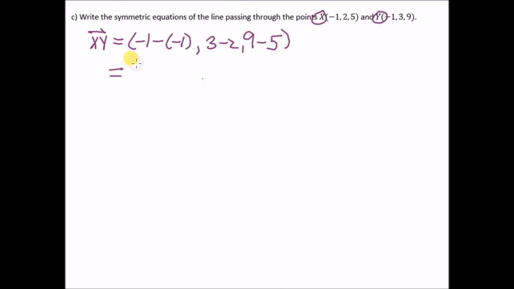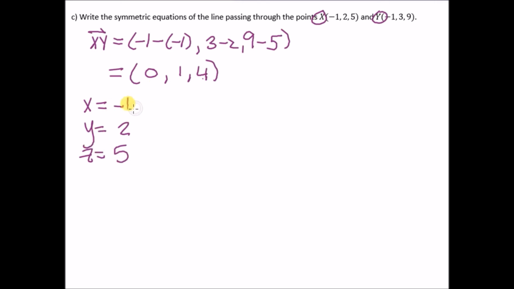Okay, so our direction vector is 0, comma 1, comma 4. Let's just take any point. Let's take negative 1, 2, 5.